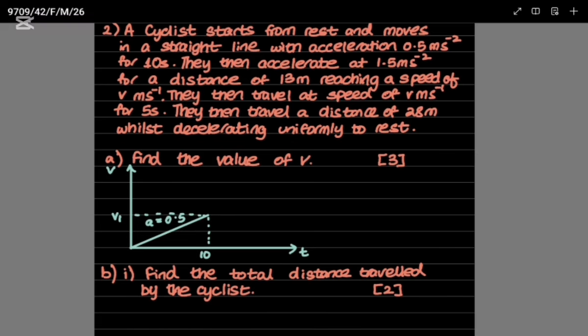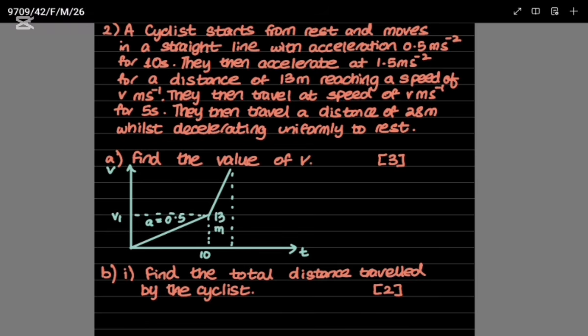speed of v. Now again they accelerate, but with a greater magnitude of acceleration, which means greater slope. It's not really important to make it accurate, it's just that if you can do it, why not?